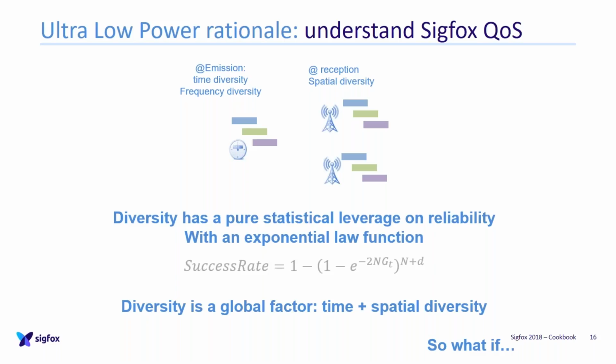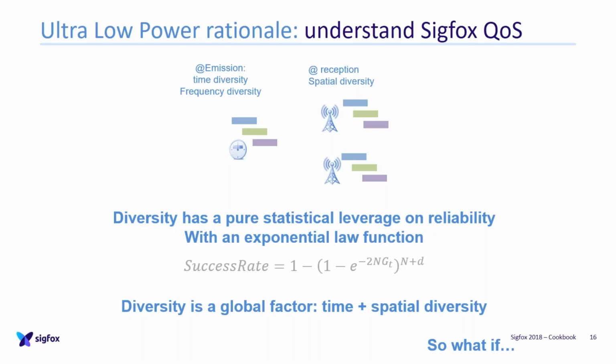I have noted this down here for the record. There's a theory behind it, and we have papers that we can share if necessary. But remember the idea: the quality of service of Sigfox is really a matter of diversity, of engineering a system to overcome the collision mechanism in pure ALOHA conditions.